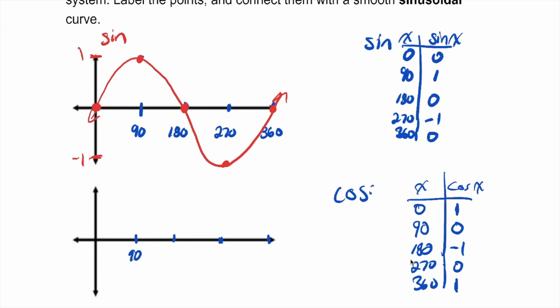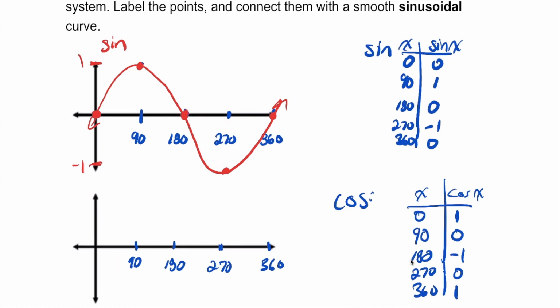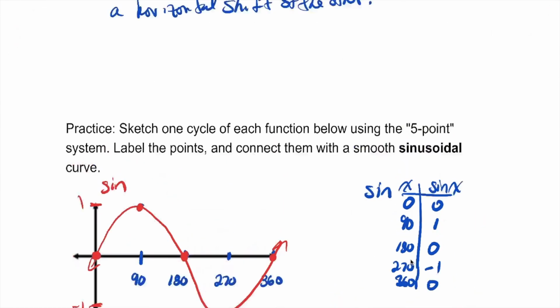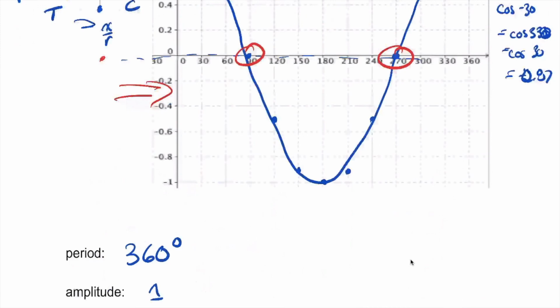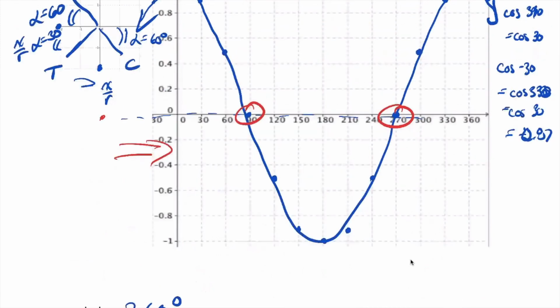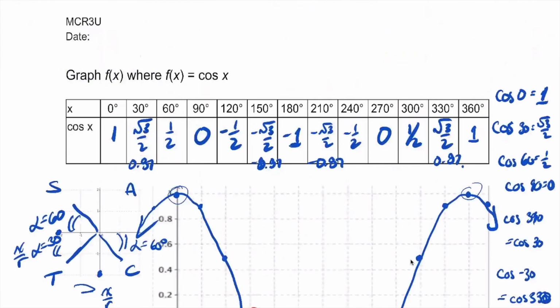Why are we choosing 0, 90, 180, 270, 360? Well, it turns out if we look at our graph, and let me go back to our table of values after I do the scale here, those values hit our peak, our equation of axes, and our trough, equation of axes, peak.